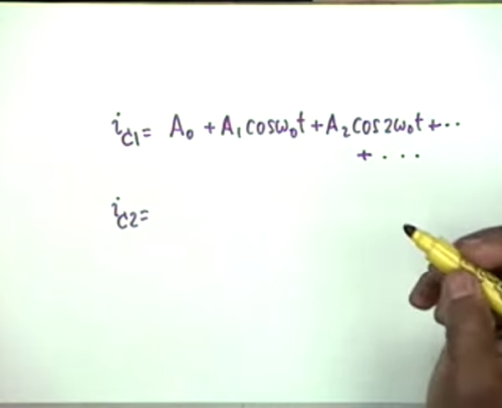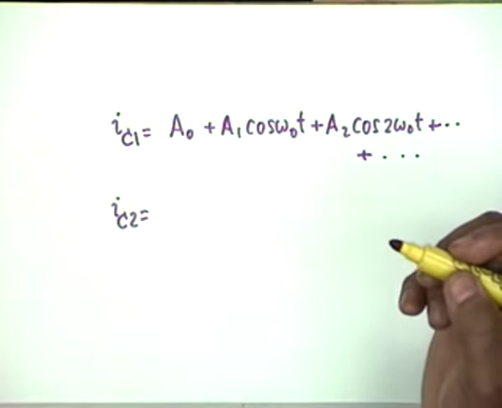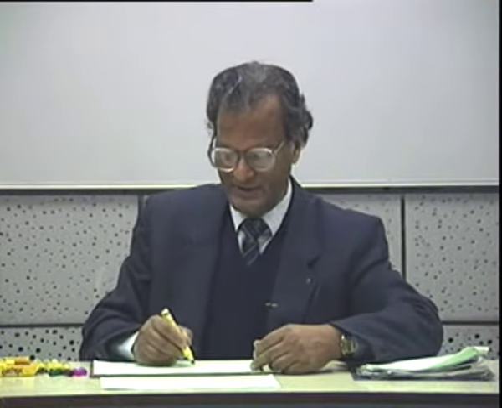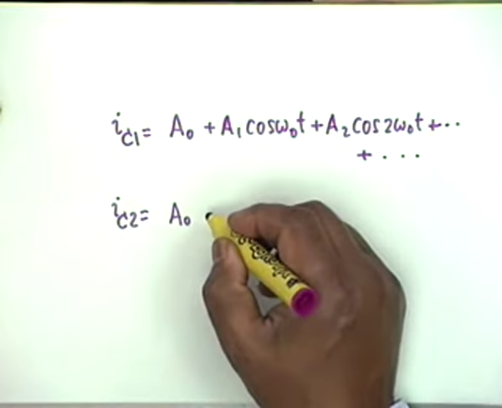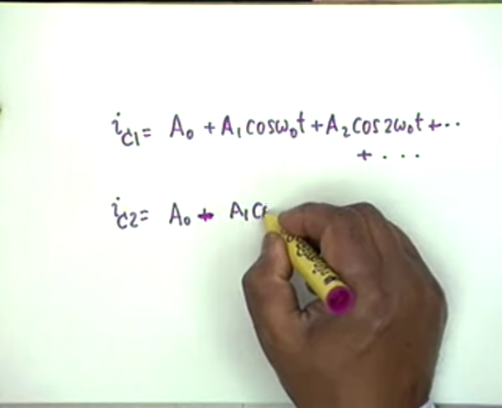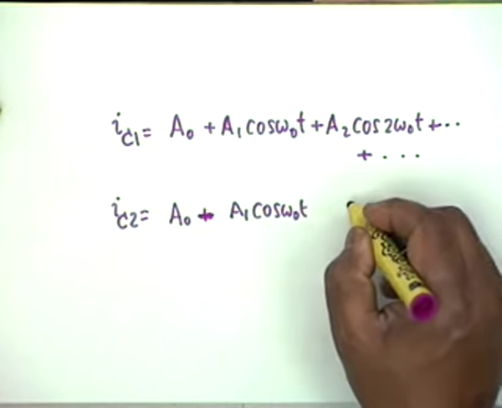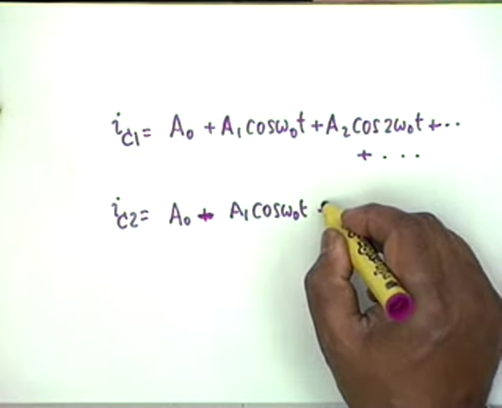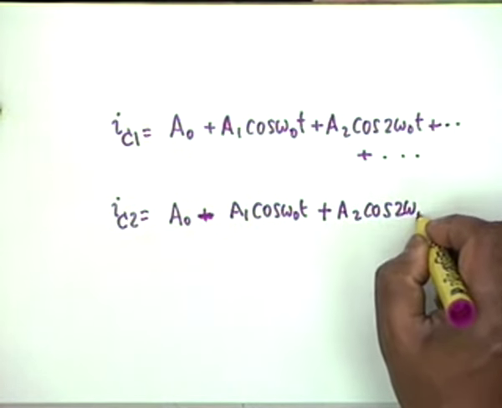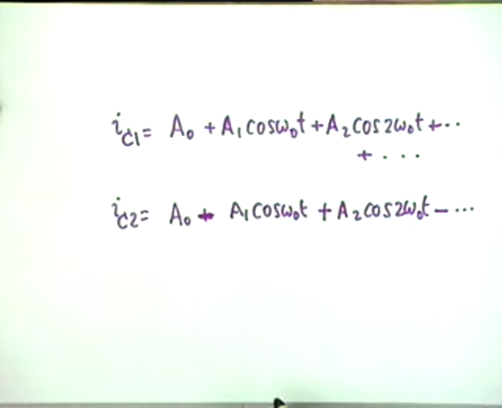Similarly, IC2: the only difference between IC1 and IC2 is that they are 180 degrees phase shifted. In other words, it becomes A0 plus, this will be minus A1 cosine omega 0 t, then plus A2 cosine 2 omega 0 t, and so on. The next would be minus, and so on.